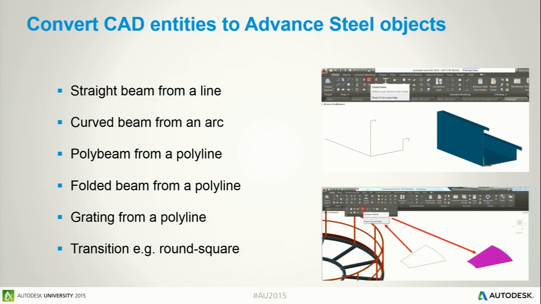But when it's a complex shape, you can first create a polyline and convert it to a grating. And we have also some possibilities in Advanced Steel to have, for example, a rectangle, a circle, and to create a transition, which is a square round transition between the rectangle and the circle. So I'm going to show you some of these possibilities.